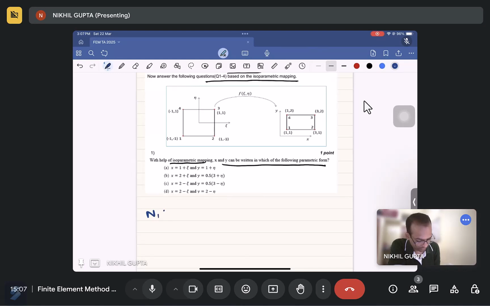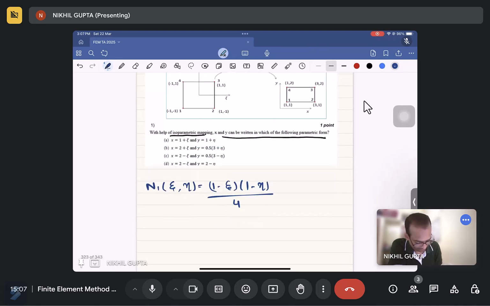So let's start solving the question. We know the shape functions are given like this. We have already seen them in all questions. Now we know the shape functions directly, so we can write them.